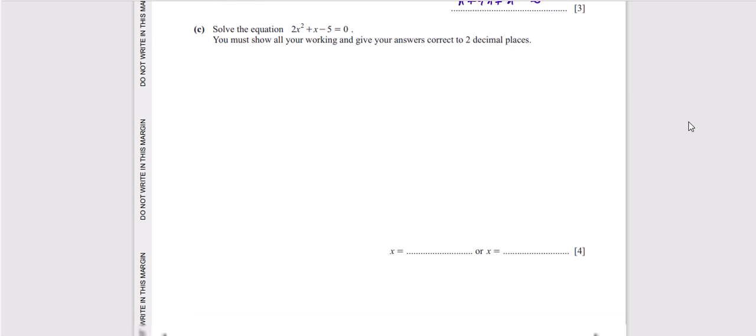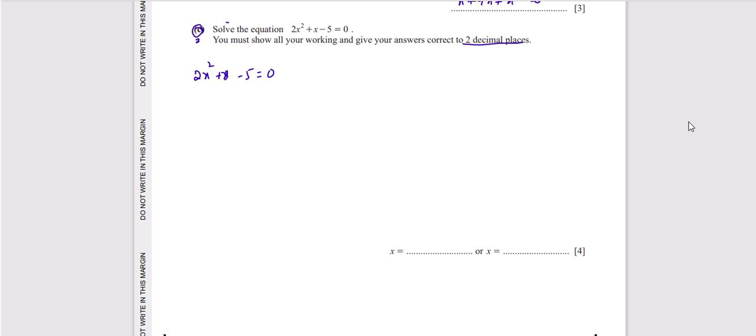Part C. Solve the equation 2x squared plus x minus 5 is equal to 0. You must show all your working and give your answer correct to 2 decimal places. The given equation is 2x squared plus x minus 5 is equal to 0.